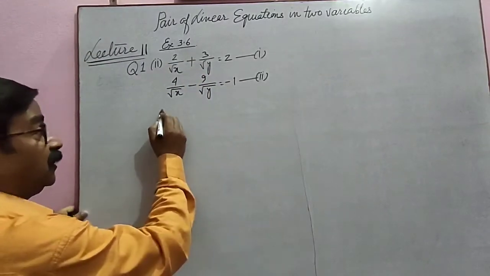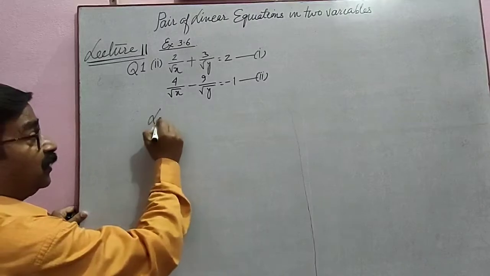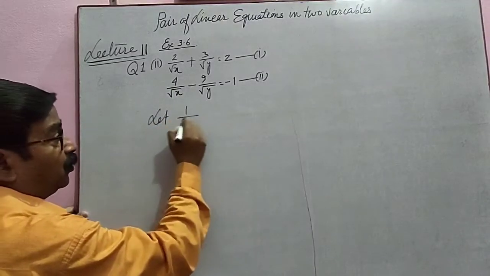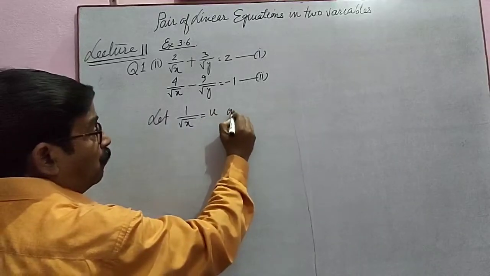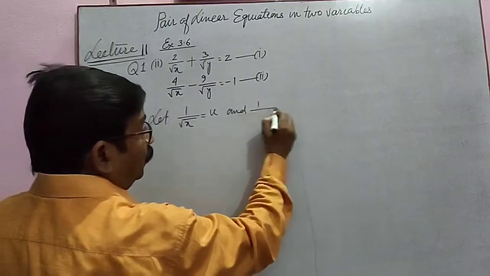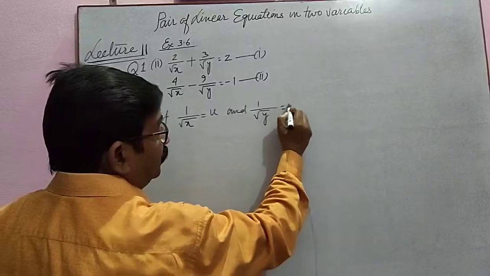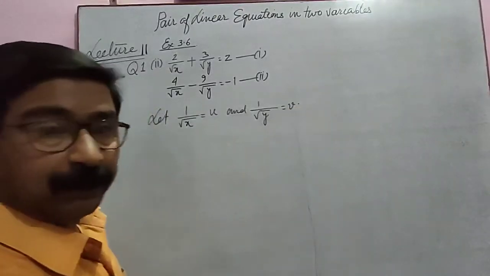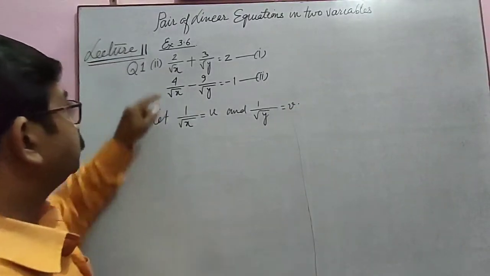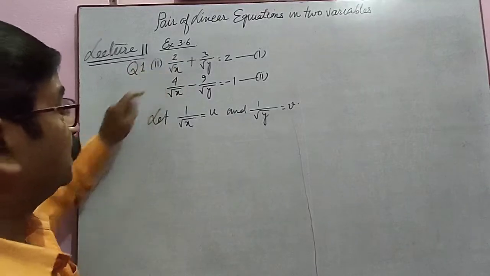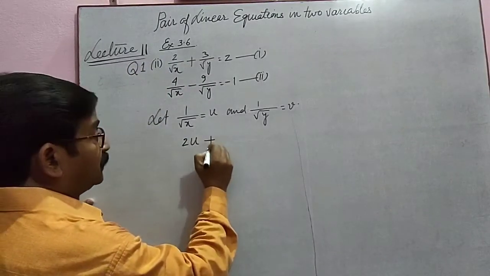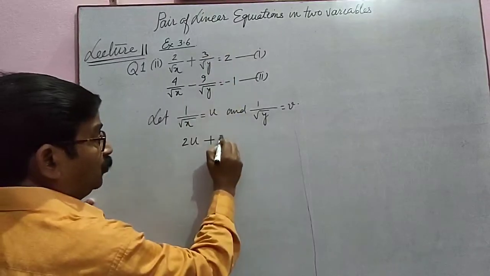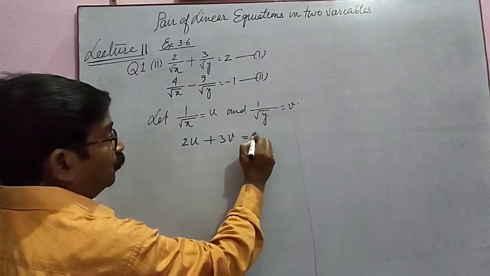Like in the previous question we have done, let 1 upon root x is equal to u and 1 upon root y is equal to v. Is it okay? Now 2 upon root x is 2u, plus 3 upon root y is 3v, is equal to 2.